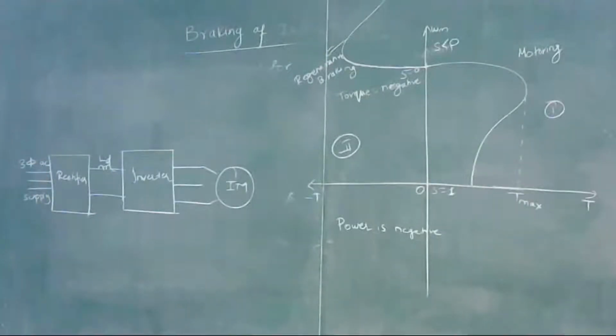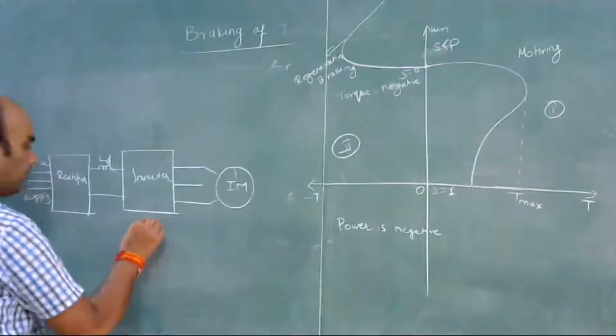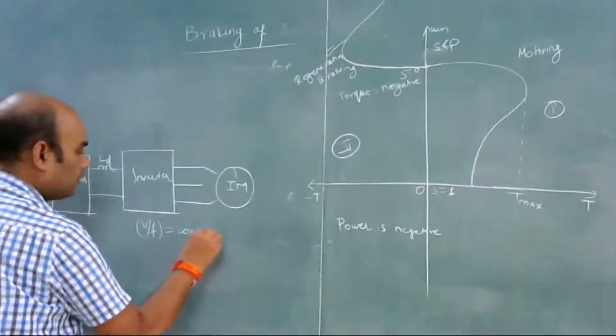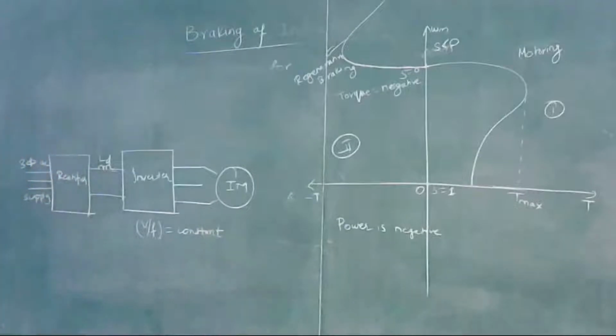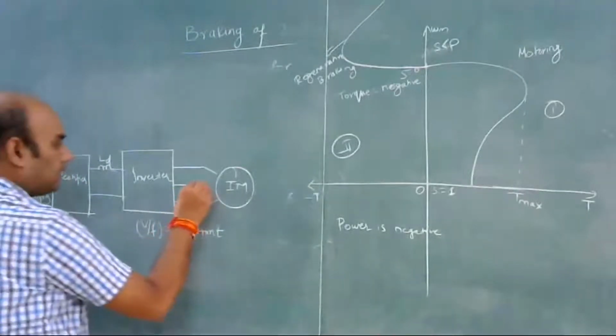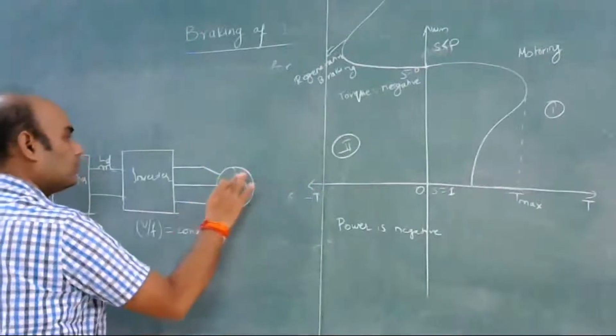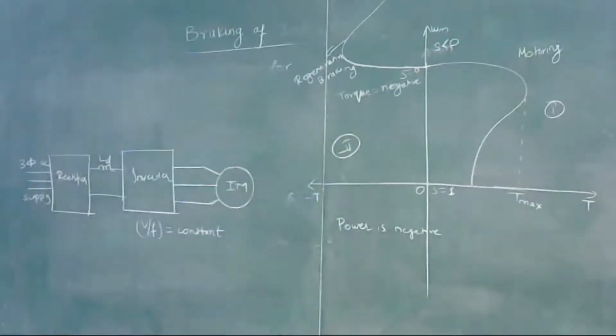So by using this V by F constant inverter, we can have speed greater than synchronous speed.